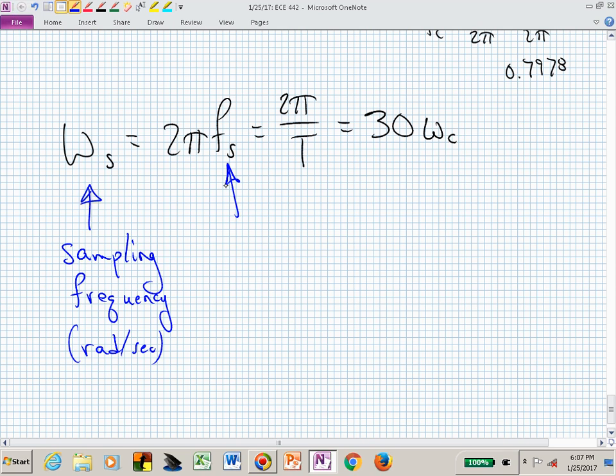F sub s, if I can confuse you, is also a sampling frequency, but it has units of hertz, or cycles per second. So you have to be told what are the units of that sampling frequency. If somebody just says, here's your sampling frequency, F sub s is a sampling frequency with units hertz or cycles per second, and capital T is our sample period.